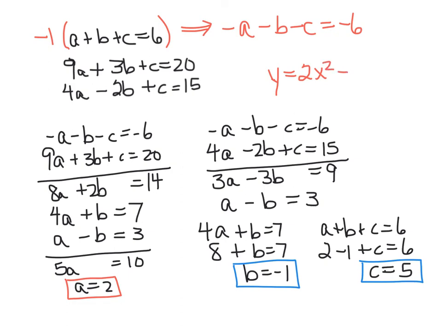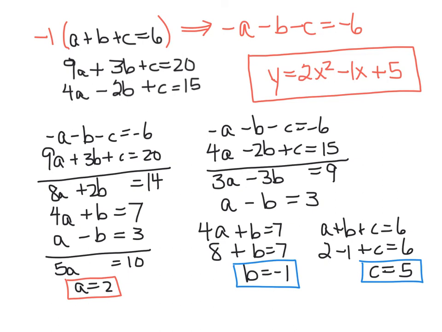The coefficient b goes in front of the x, and c becomes my constant. So this is the solution to this problem. We have found the quadratic equation that satisfies all three of those points. As long as we have 3 points on a parabola, it defines a unique parabola.